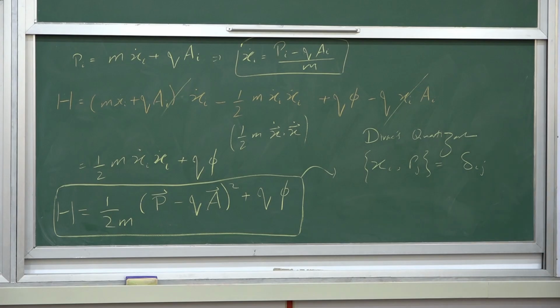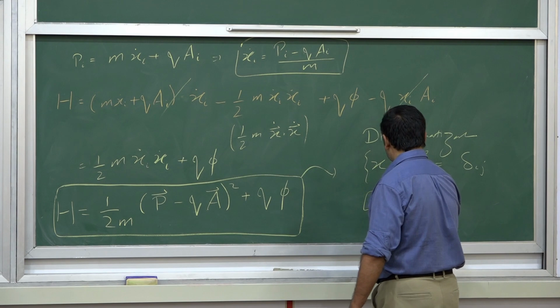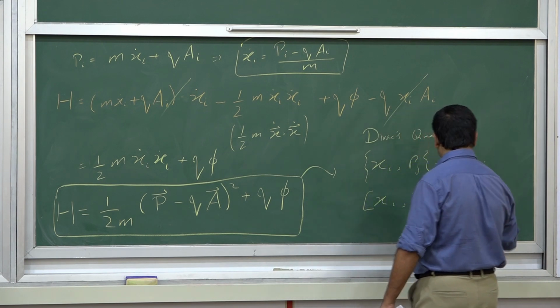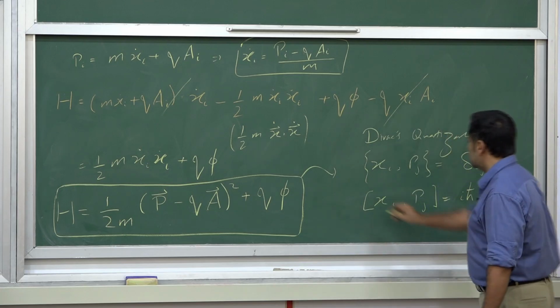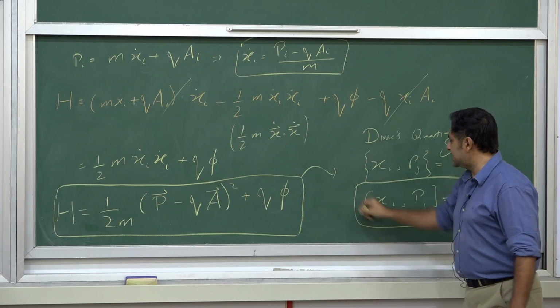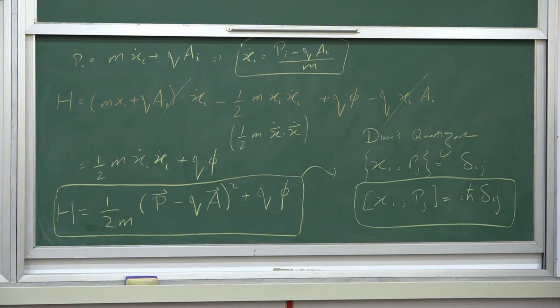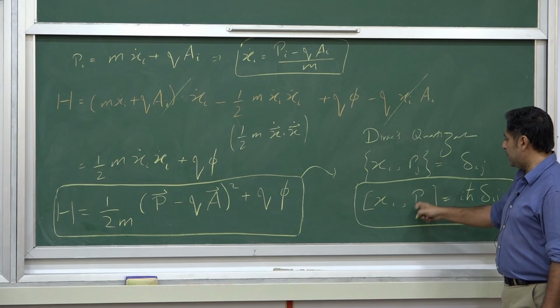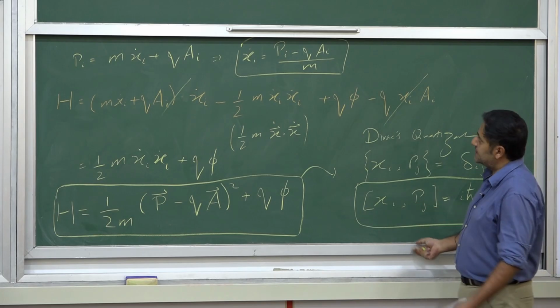As soon as I define my canonical momenta, this goes to a commutator, so I want a representation of this algebra. And what is important to note, so what would be the representation? Your usual one.